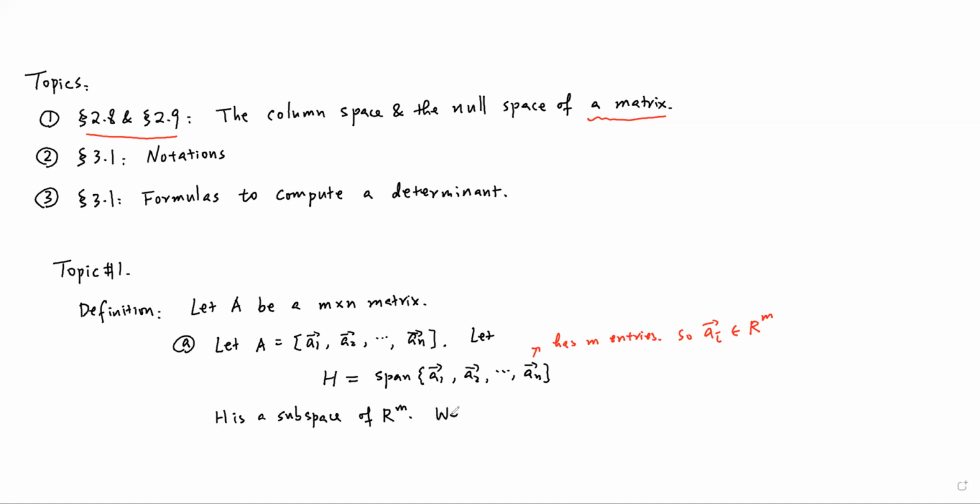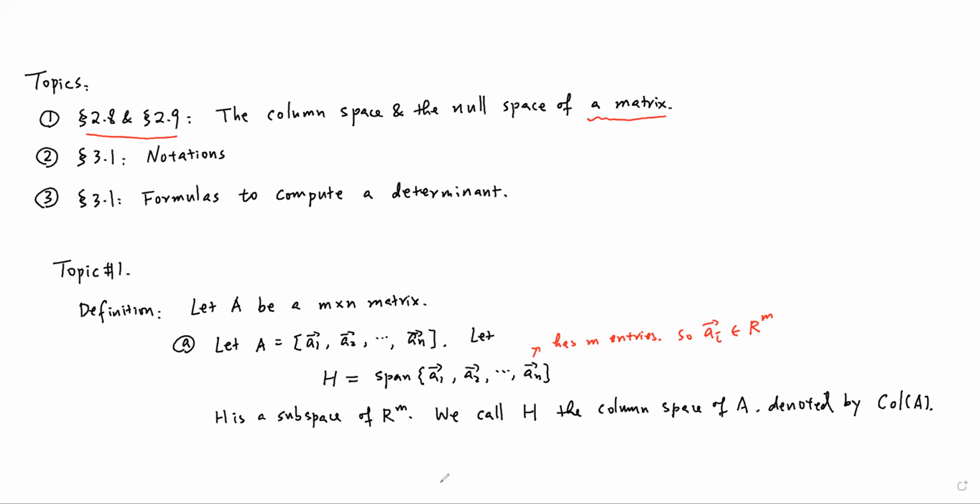We call H the column space of matrix A. The notation is denoted by Col A. Okay, this is the first subspace associated with a matrix.